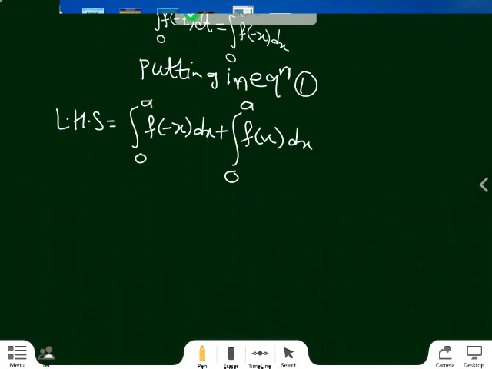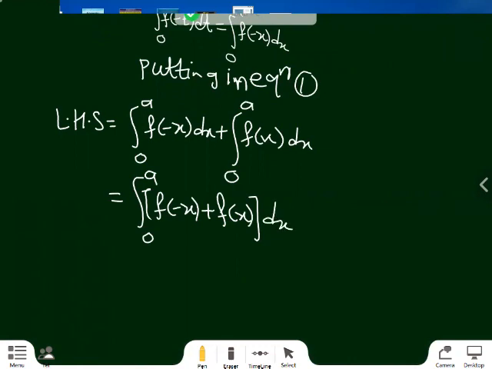Both the limits of the definite integral are the same, so combine them. This can be written as integration from 0 to a f of minus x plus f of x dx. Now this is the LHS.